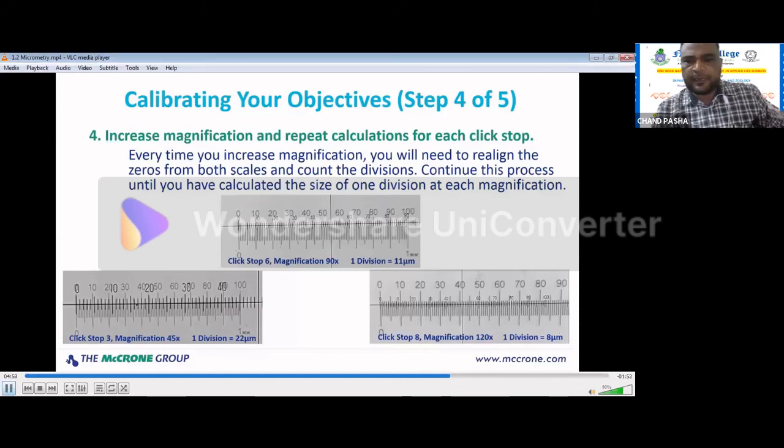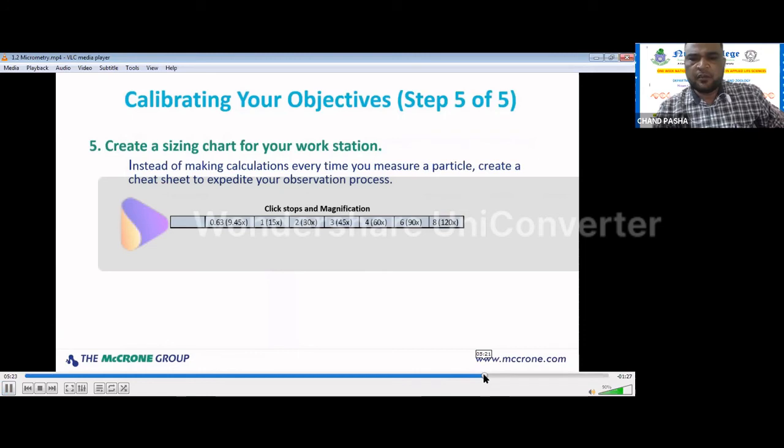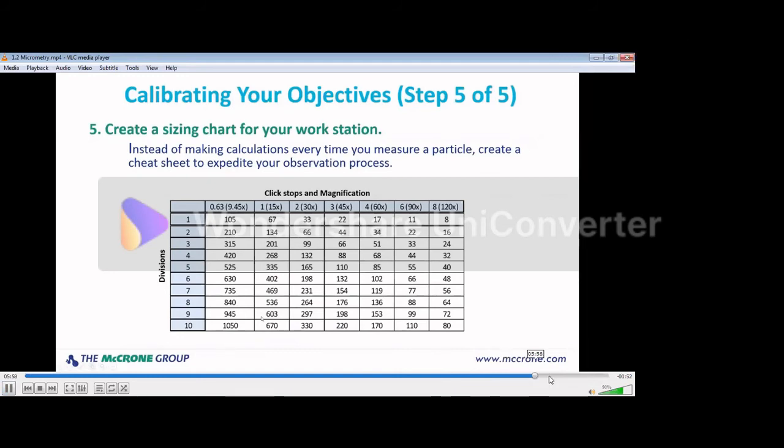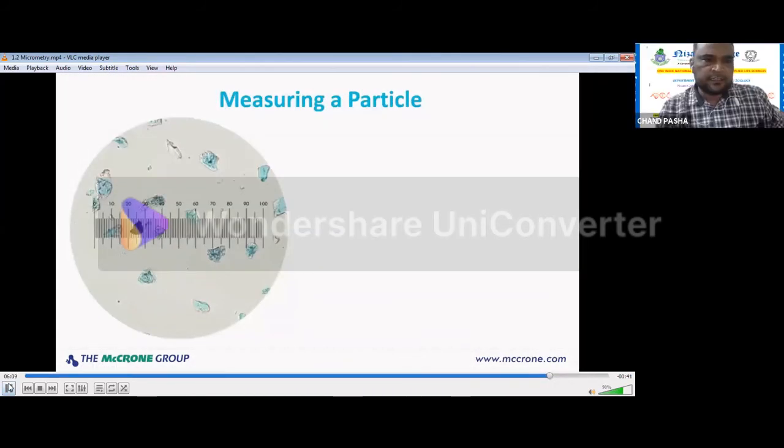Now you take your bacteria or whatever you want to see, and you create a table to make it easy. Now you measure your bacterial size. You have a slide with your bacteria, pollen grains or artifacts, whatever you want to measure, and the ocular meter is in your eyepiece.